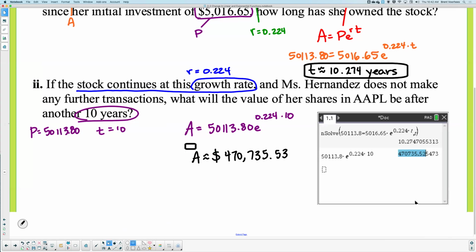When you're my age, you're sitting here, you're 38 years old with 5 kids. If you haven't touched your Apple shares, your $5,000 that you made from flipping hamburgers at McDonald's has turned into how much money?